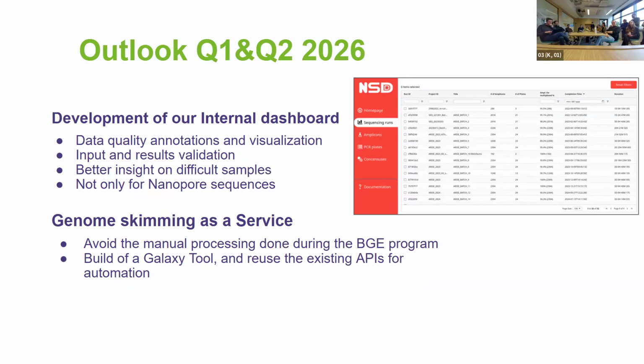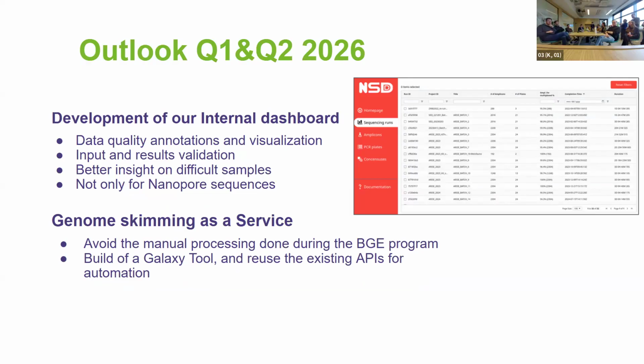First, we have this internal dashboard whose development has been on pause for almost two years, but we want to actually work on annotating the data there and improve it.